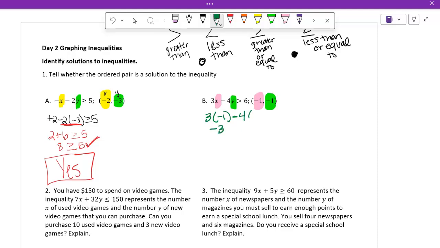Then I have -4 times -1, which gives me +4 is greater than or equal to 6. -3 plus 4 is 1. Is 1 greater than or equal to 6? No, that's a false statement. So no, this is not a solution.